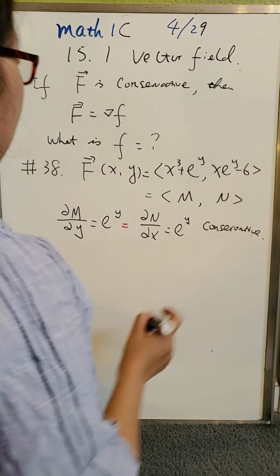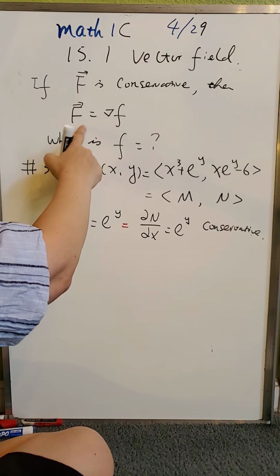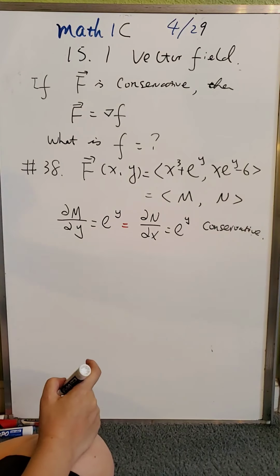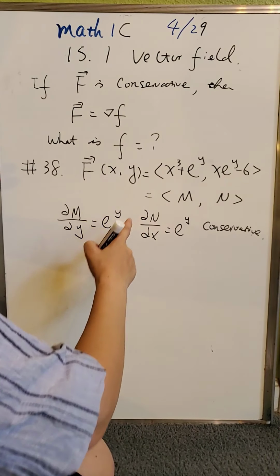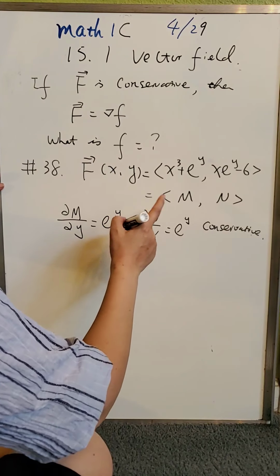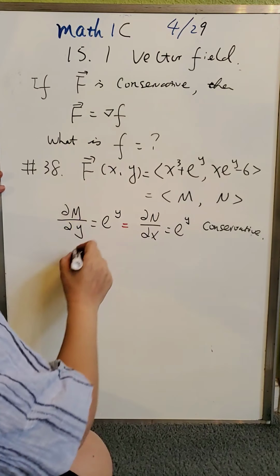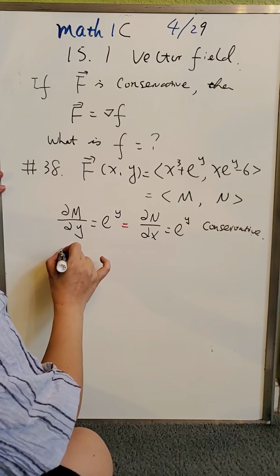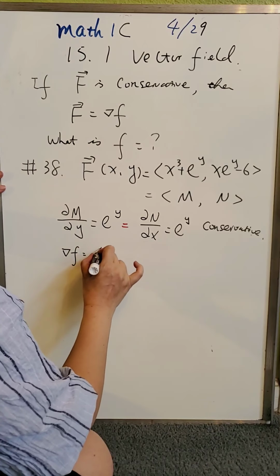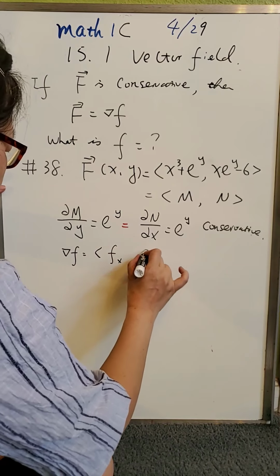Conservative. If we're conservative, then these are equal to each other, is that right? So now, I also know that del f equals f of x, f of y.